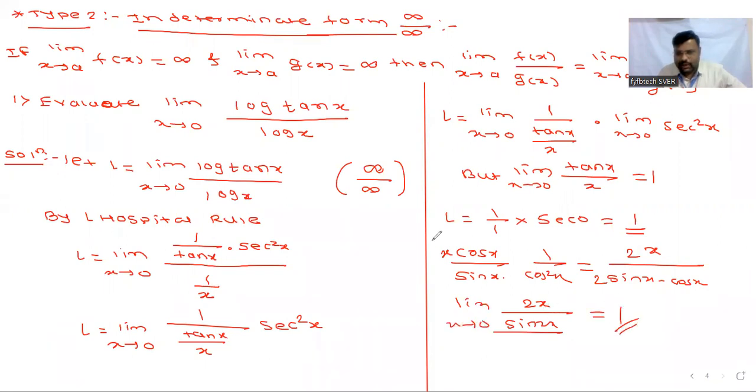We solve anyway, either this way or this way. It depends on you, whether you want to simplify or not make it longer. Okay. So use the standard result. This is the infinity by infinity form, second form. Okay. Write down.